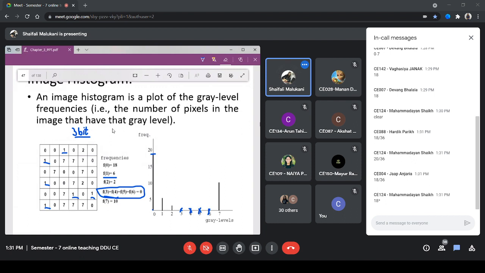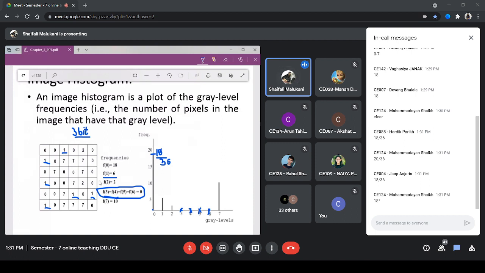True. Why is it 18 divided by 36? The total number of pixels is 36 and the occurrence of 0 is 18 times. So it is 18, the occurrence of 0, divided by 36. That will be the probability of occurrence of 0.